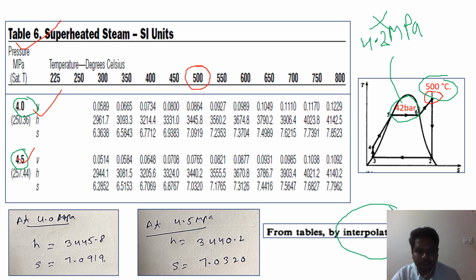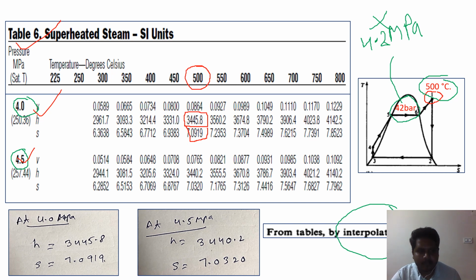So at 500 degrees centigrade and 4.0 megapascal, we take the enthalpy and entropy values. The enthalpy value at 4.0 megapascal is 3445.8 and the entropy value is 7.0919.